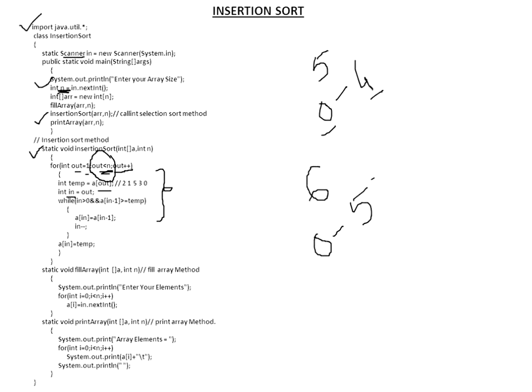The value of out is 1, so in will be assigned value 1. Now you can see over here we have an AND operator. This is condition number 1 and this is condition number 2. Now can you tell me, in case of AND operator, when the output will be true and when it will be false?